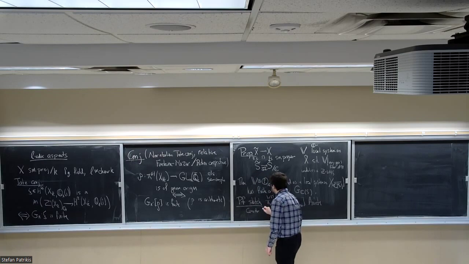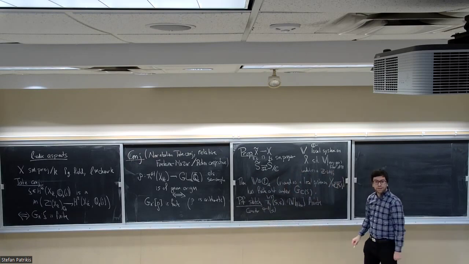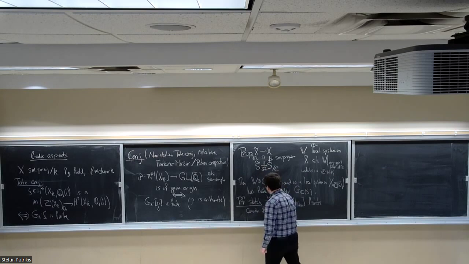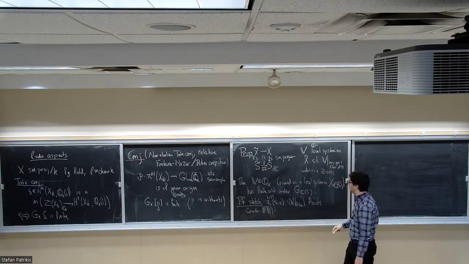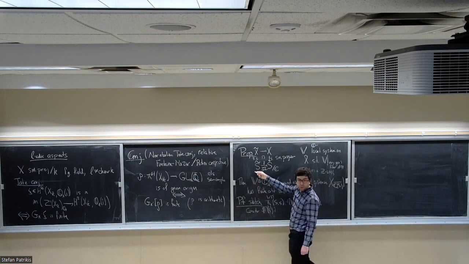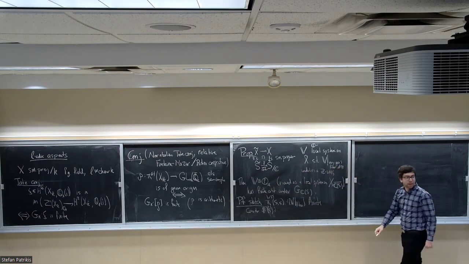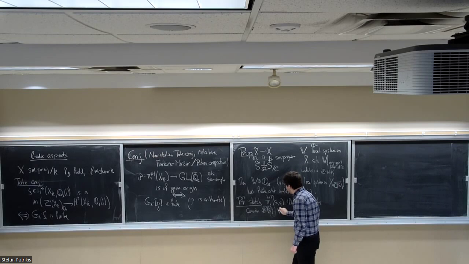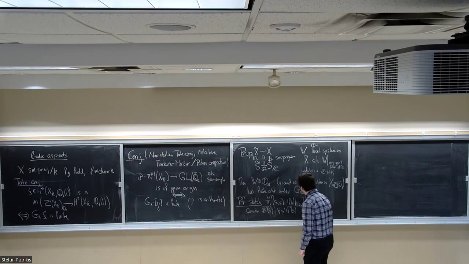Pi tilde inverse of our base point S. Sorry, this is not right; let me give this name F. Let's consider F inverse of S. So this is the set of points in the universal cover which map to our fixed base point. And for each one of those, we get a local system on X_S. So for all S prime in F inverse of S, we get a local system V_S' on X_S.